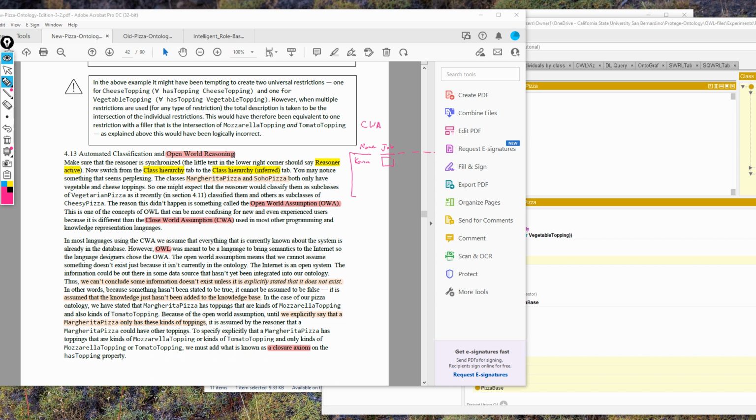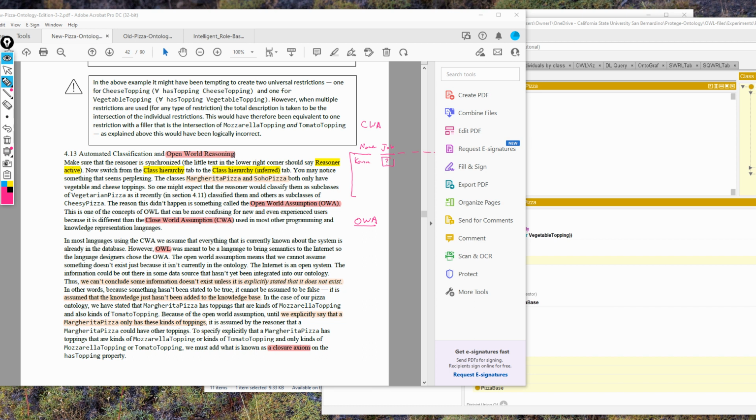This is a typical assumption. But in the open world assumption, when you see a blank, we cannot say whether Kevin has a job or not, because maybe this information will be added later on. So when you use the OWA, your answer is, I don't know. Maybe Kevin has a job, or maybe tomorrow he'll have a new job, so this information will be filled in later.